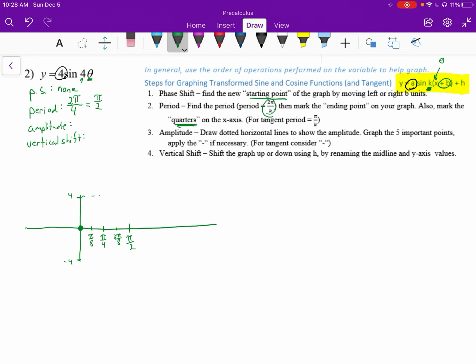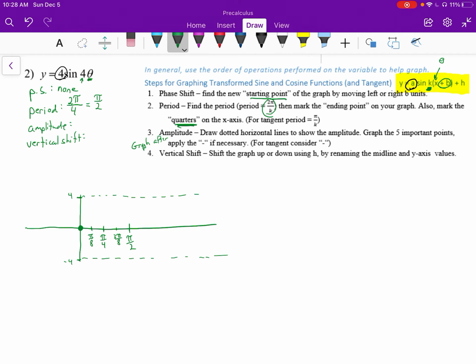I'm going to go ahead and put some dashed lines to show the boundaries of the function. And here's where we graph the function. We always graph after the amplitude. Even if there is a vertical shift, we graph after we know the amplitude.